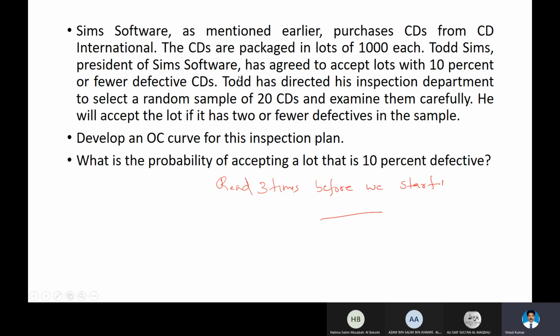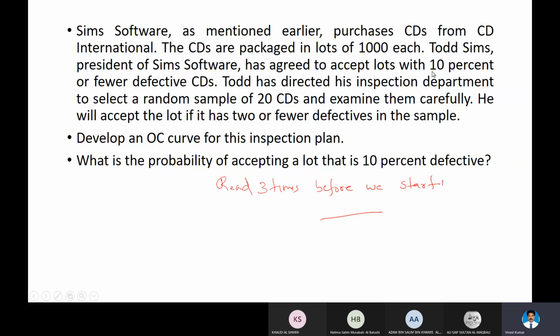So a software company wants to produce CDs, and each batch, each lot, each packet we can say, consists of 1000 numbers. Todd Sims, president of Sims Software, has agreed to accept lots with 10% or fewer defectives.